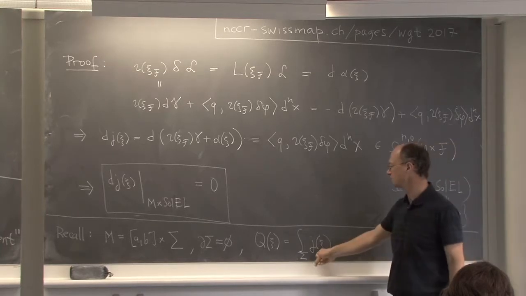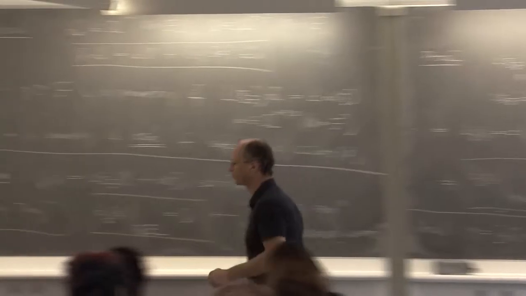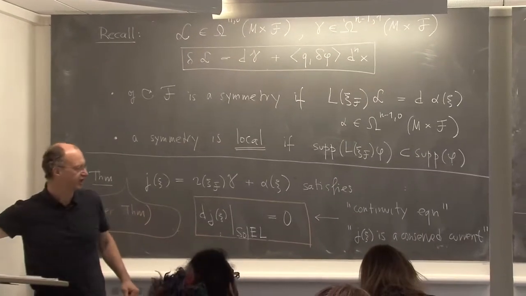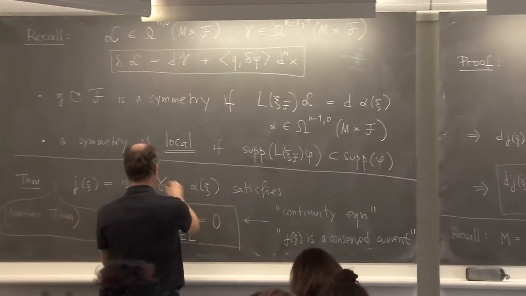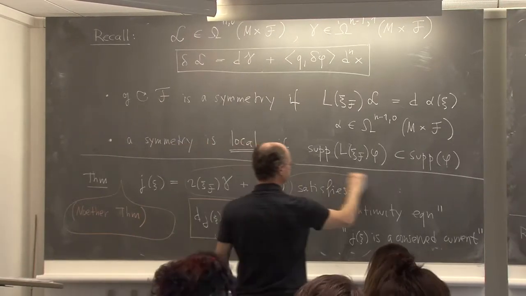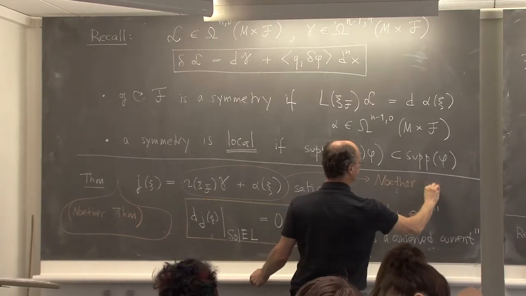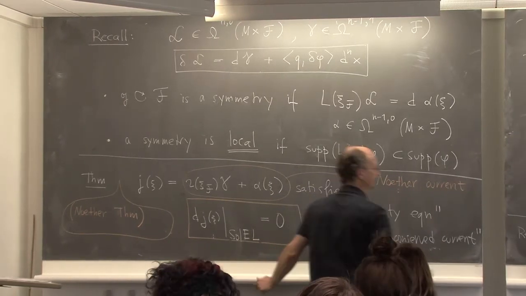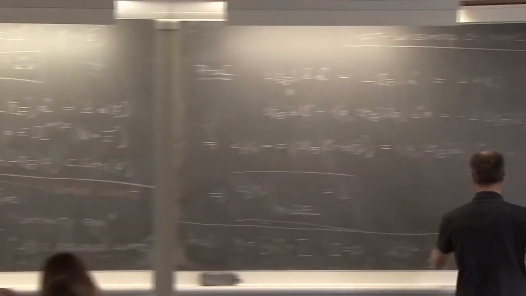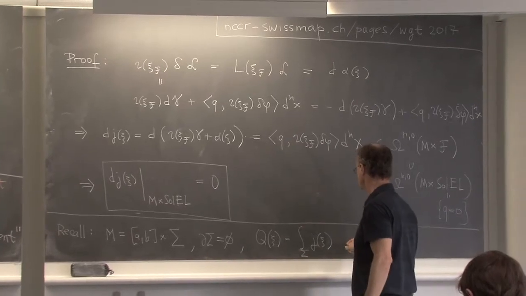So the charge is an integral of J. J is sometimes called a Noether current. So the integral of J over sigma is a charge, and it is conserved.